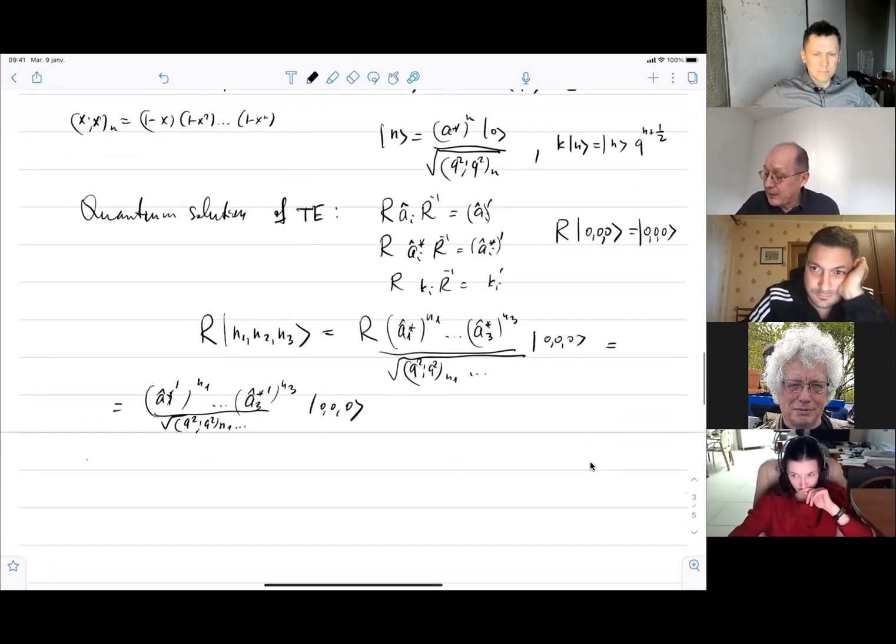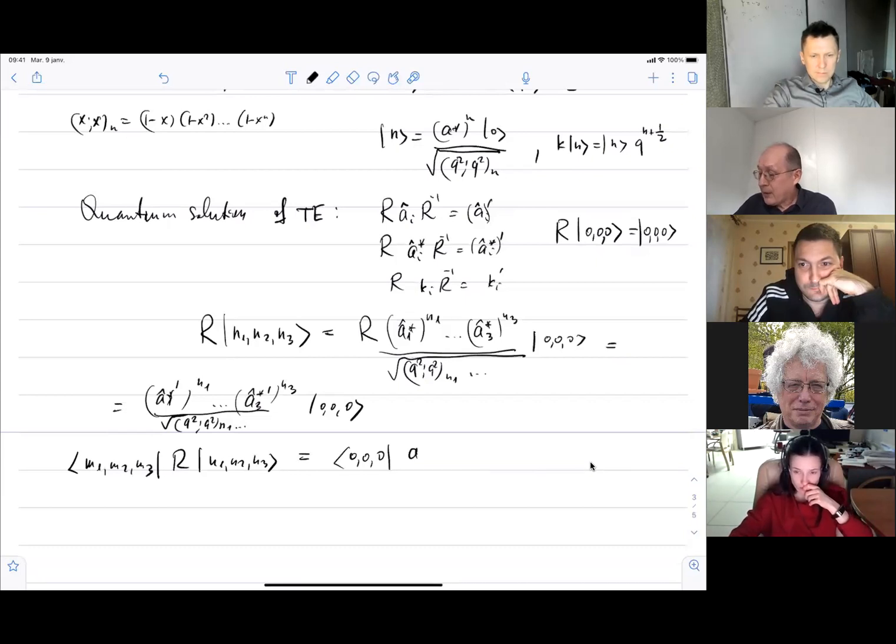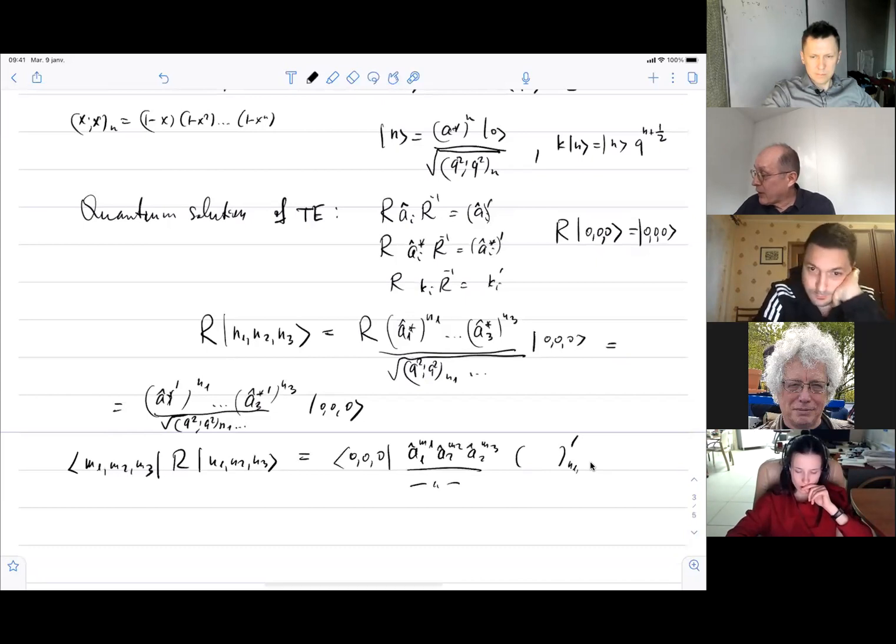And now we are done, we managed to calculate this R matrix, because it suffices to apply from the left-hand side M1, M2, M3 and from the right N1, N2, N3, and then you end up with the vacuum expectation value of A1 to the M1, A2 to the M2, A3 to the M3 with hats, normalized, and the same with primes, N1, N2, N3.